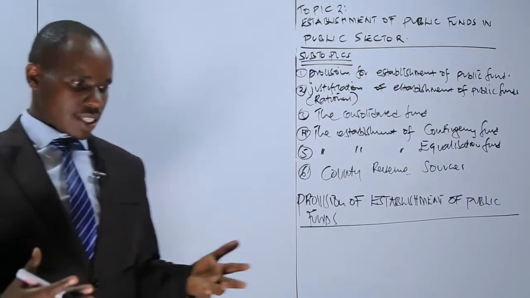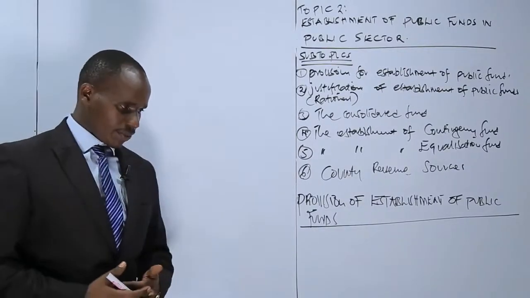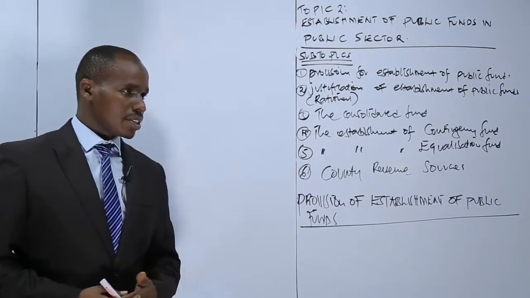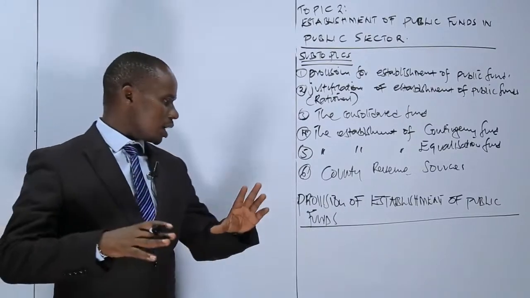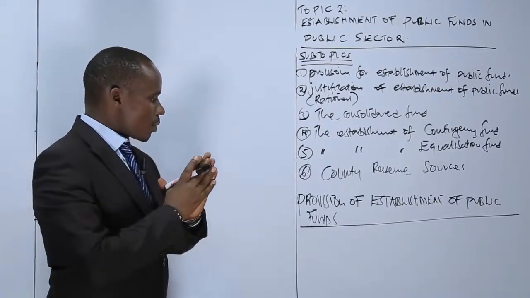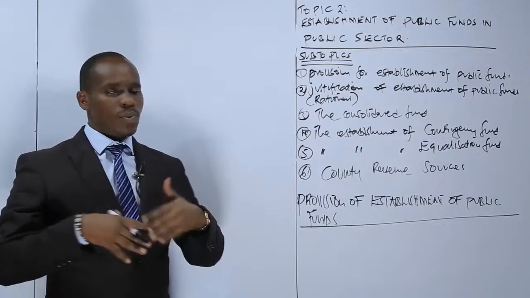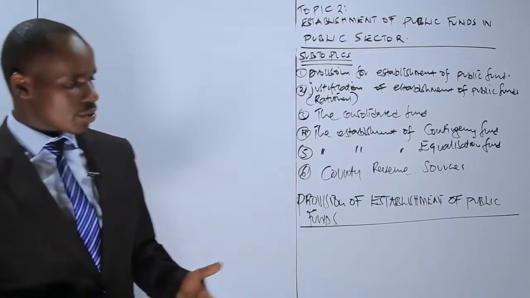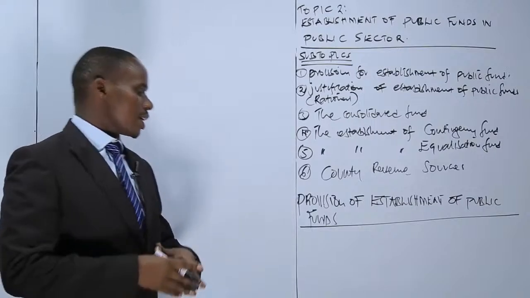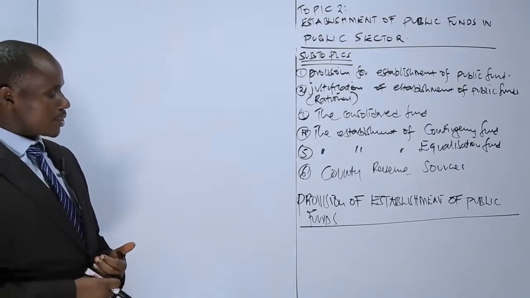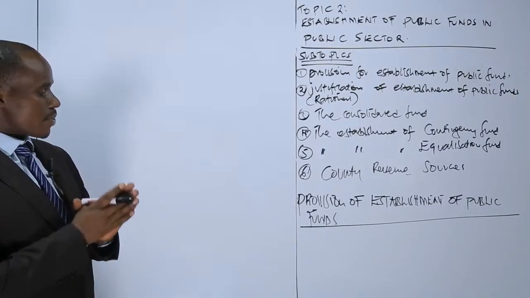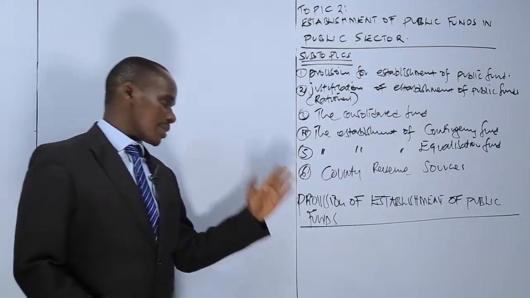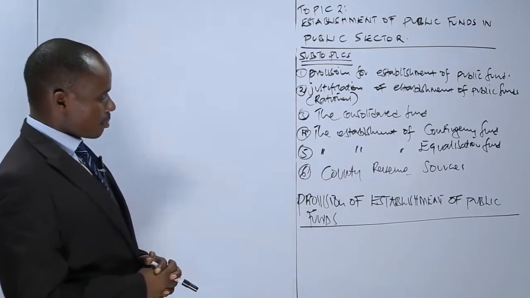So we are simply saying that there are different types of funds that are established by the government, but one person cannot wake up one day and come up with a certain fund. There is a protocol, there is a procedure, there is a system that is put in place that is supposed to be followed in the process of establishing these particular public funds.